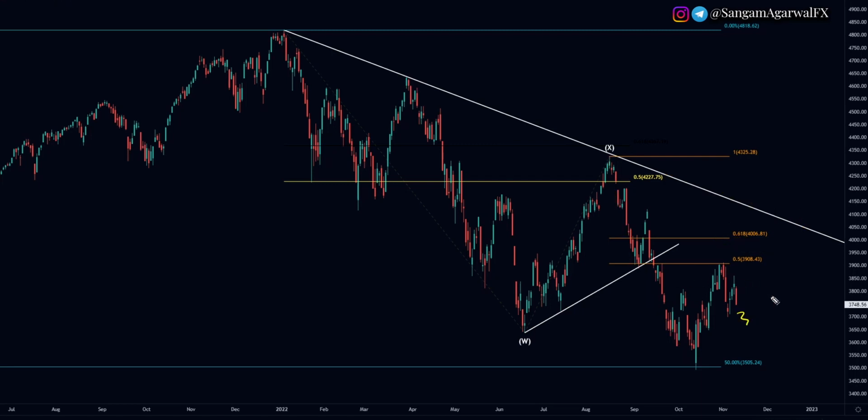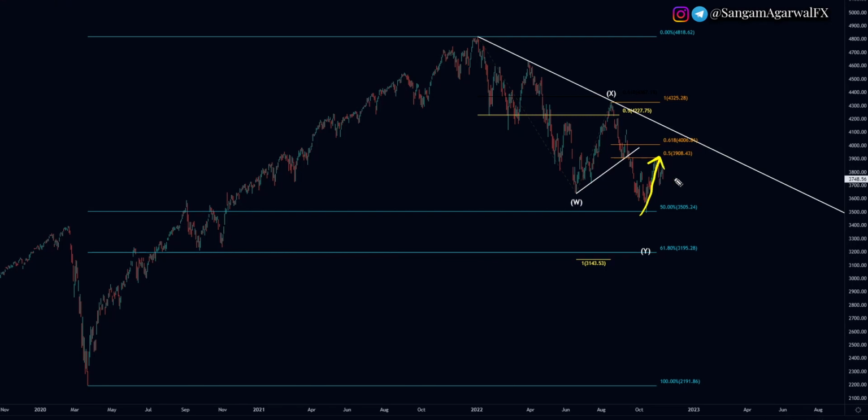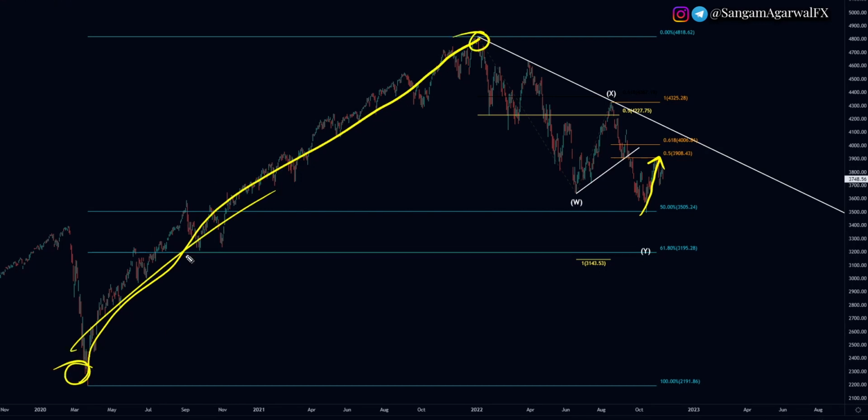Or if they start coming down on an upside surprise on CPI, then first it will break this low, because the current bullish price action started when it made a 50% retracement of this last bullish wave.